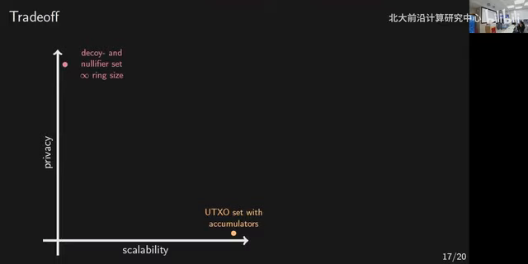All right, let's move towards a conclusion with 2 more slides. You can plot 2 important dimensions and put existing architectures on this plot.